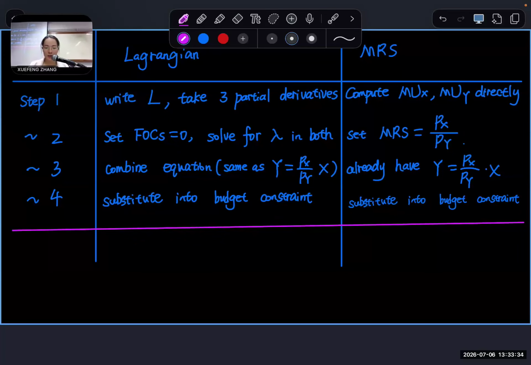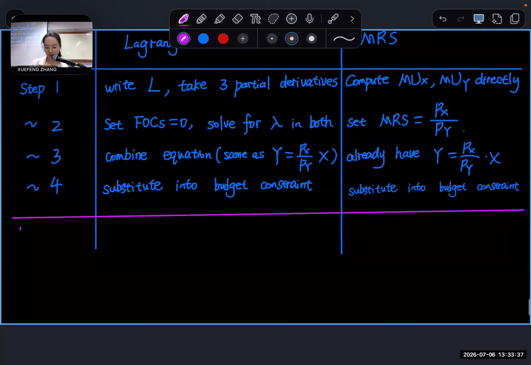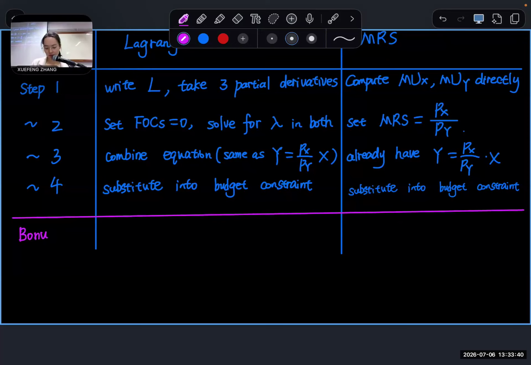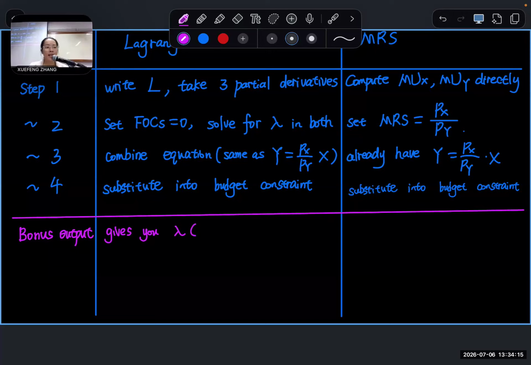What is the bonus output? For Lagrangian, we have an additional variable, which is lambda, right? So the bonus output for Lagrangian is that it gives you lambda. And how do we explain lambda?